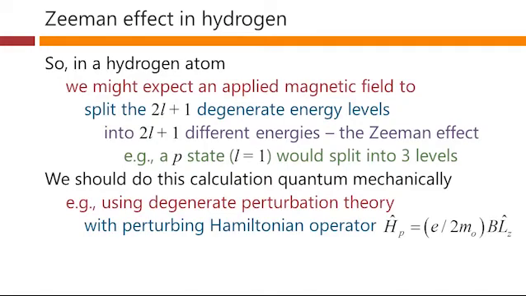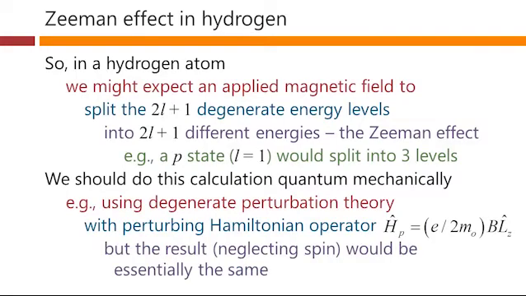And formally, our perturbing Hamiltonian operator would just be this energy term here that we worked out. But now we would be using the angular momentum operator, at least in this semi-classical first attempt at this problem. But the result of a fully quantum mechanical version here with this version of the perturbing Hamiltonian would in fact be the same as we would deduce semi-classically by our argument above.